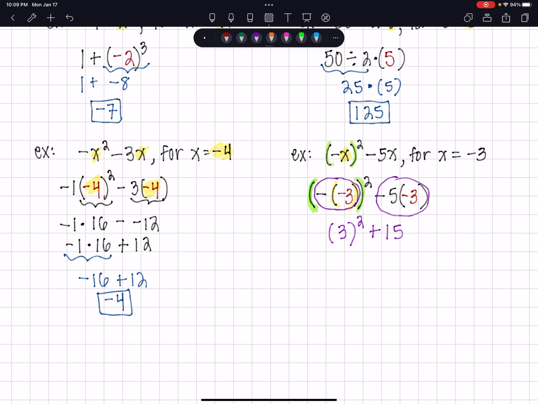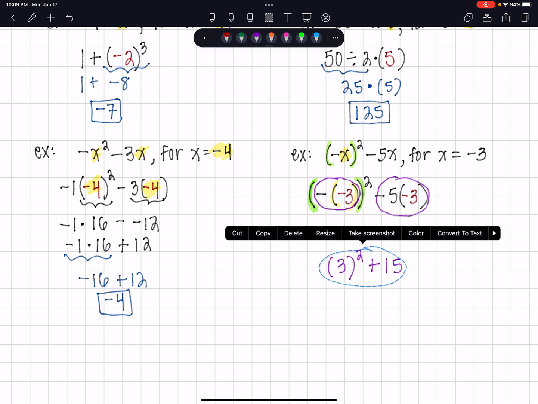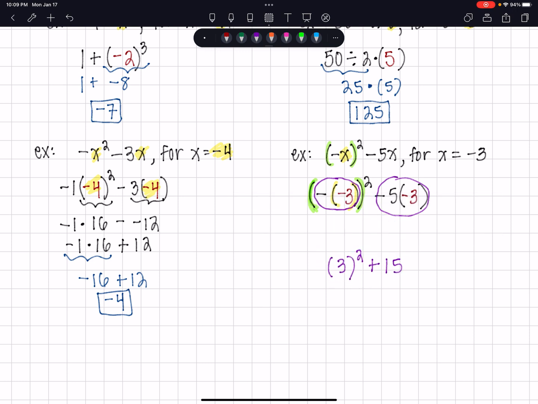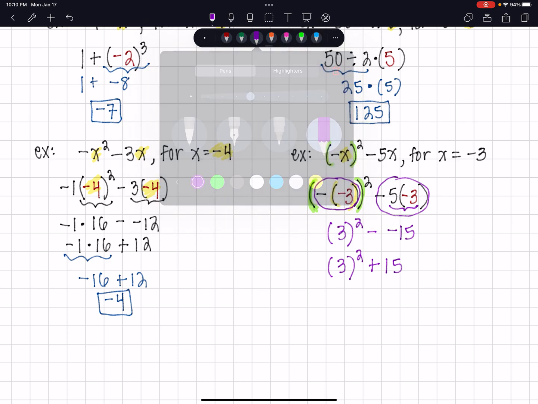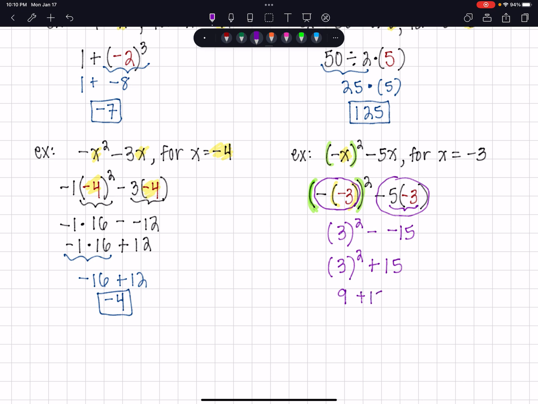If that was a little too much for you, you can also think of this as 3 squared minus 5 times negative 3 is negative 15, and you can just work your way up. The negative times the negative is where we get that positive, or the opposite of a negative is a positive. Lots of different ways to say that. 3 squared is 9, and 9 plus 15 is 24.